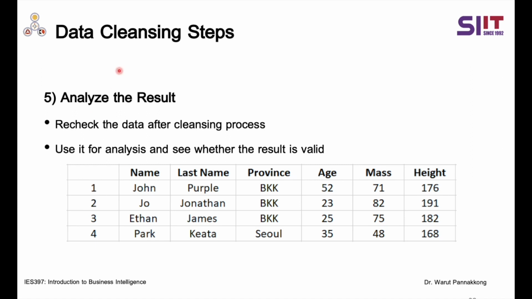So after we do everything, we have to check and see if it requires any further improvement, or whether we are completed or done. And then after rechecking, we can use it for analysis, and then we should also check the result, whether it's valid or it makes sense or not.